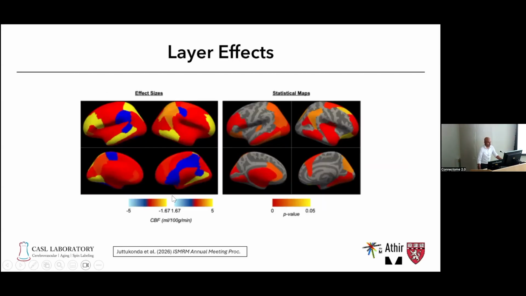I'll apologize, these color bars didn't reproduce exactly how I was hoping, but essentially what these images are showing on the left are the effect sizes, where every region that's in red or yellow shows a gradient going from the white matter surface to the peel surface, where the white matter value is lower than the value on the other side. And the statistical maps here are showing the regions where that comparison is significant. This is including all individuals in our study, both the younger and the older cohort.